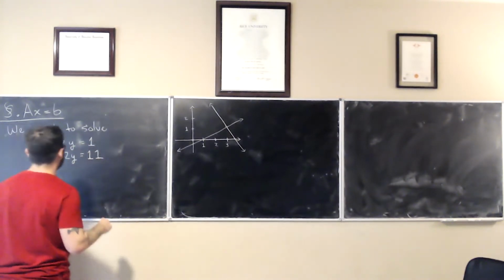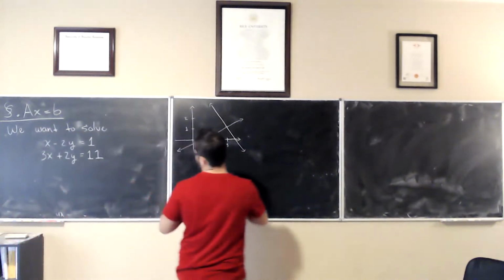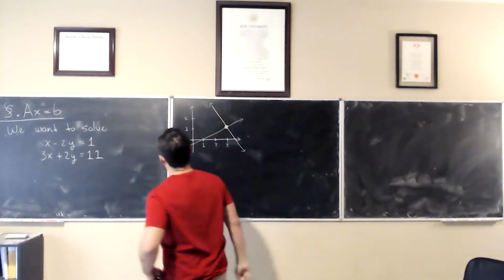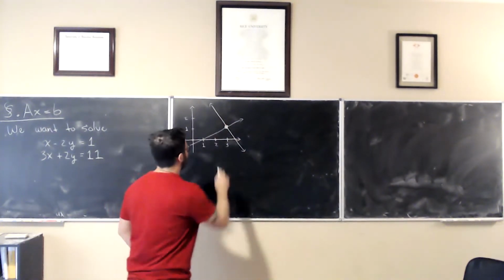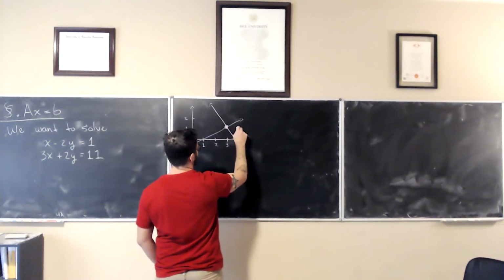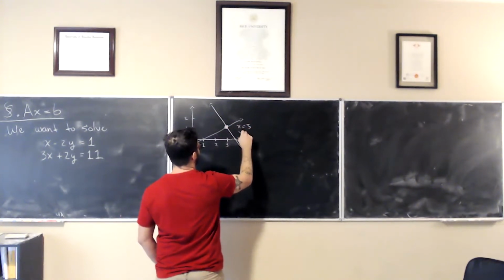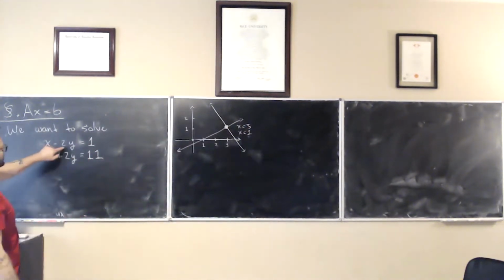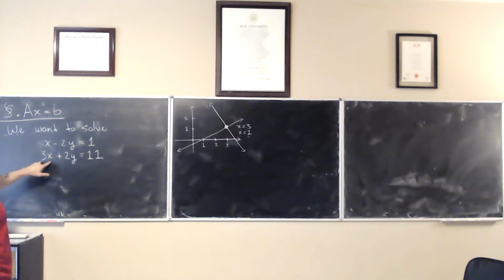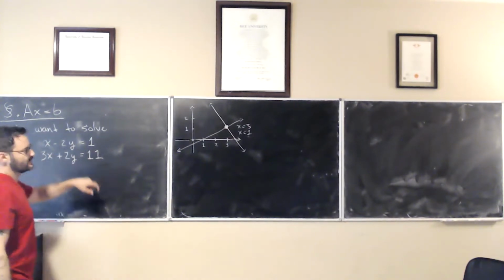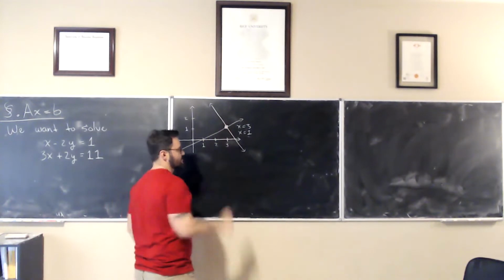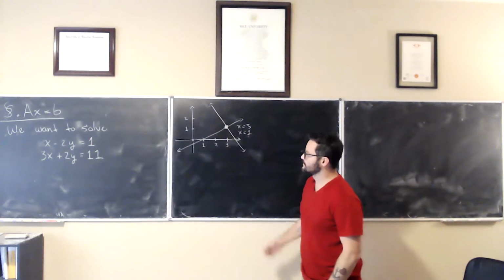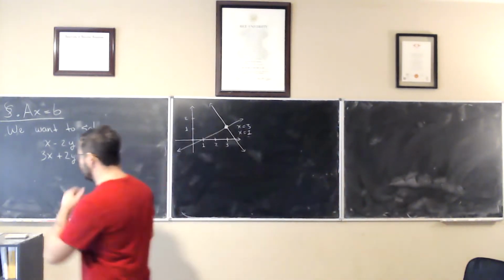So we have a line on the bottom, a line on the top, and they intersect right here. And since they intersect right there, x equals 3, y equals 1 would be a solution. So 3 minus 2 is 1, 9 plus 2 is 11. This is the picture that you're probably most familiar with from a college algebra or pre-calc class.